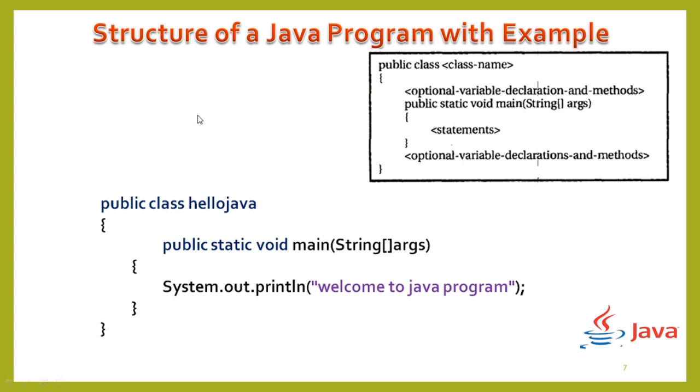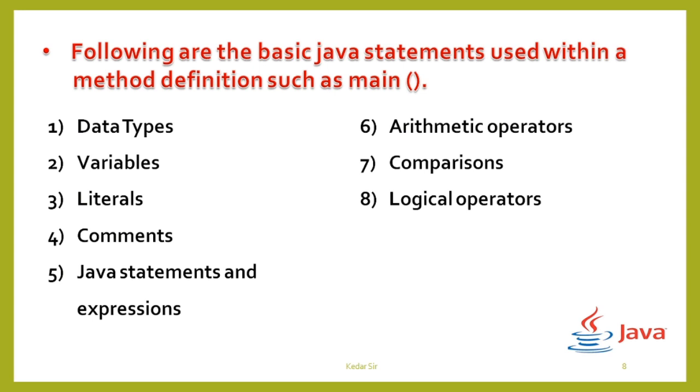Okay, so this is the simple structure and example. After that, the following are the Java statements used within a method definition such as main. So these are the different 8 basic Java statements we use within a method.